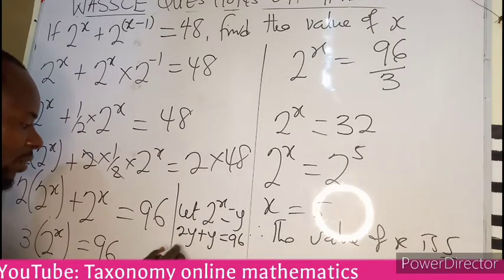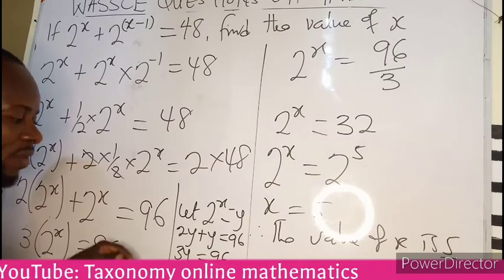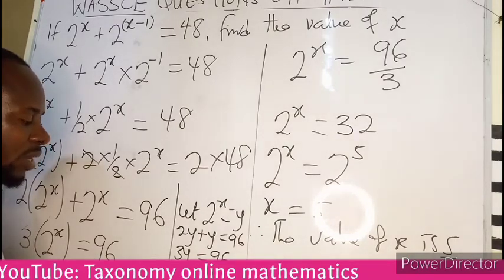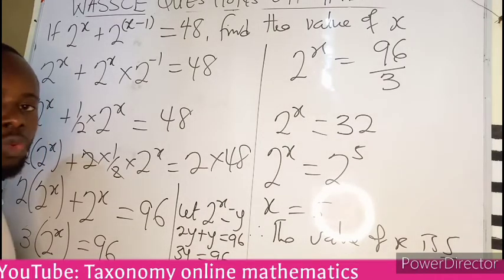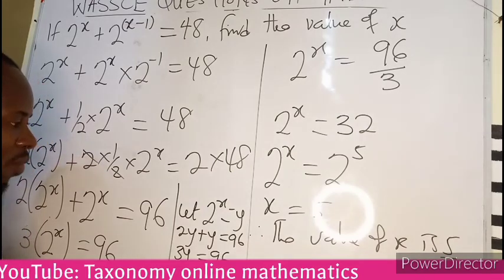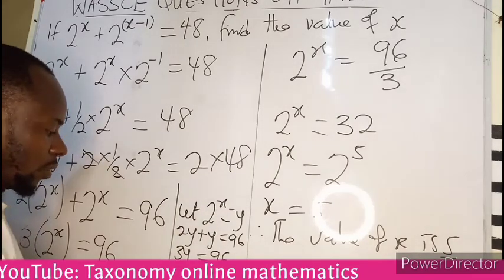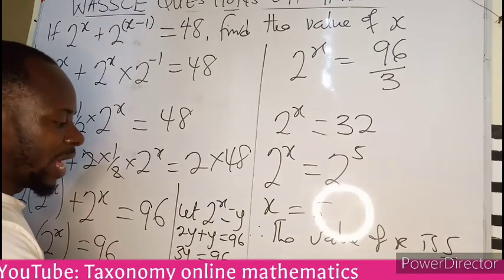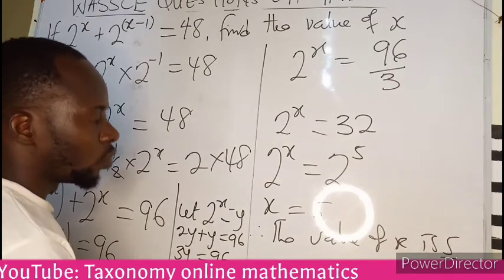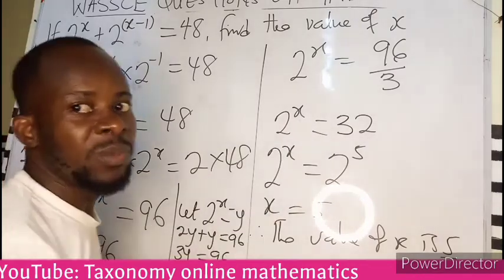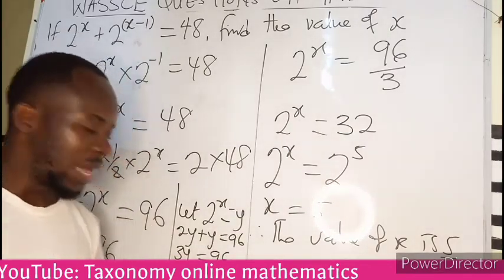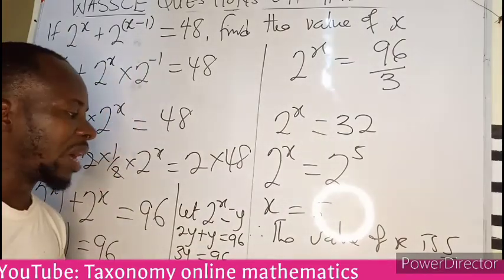So in this case, you still get 3y equals 96. Then if you divide through, y is going to be 32. But you already said that y is what? 2 exponent x. So in place of y, you put 2 exponent x equals 32. We've gotten back to this place. So you get the same answer from there as we have.